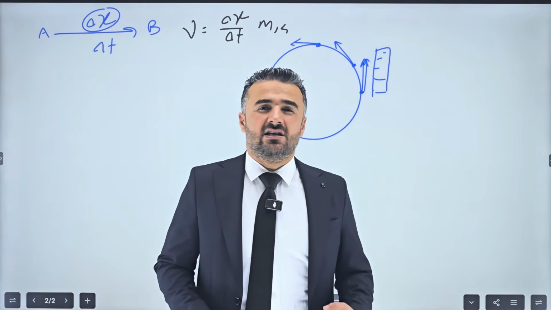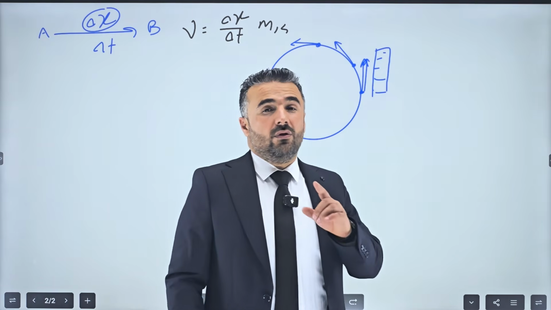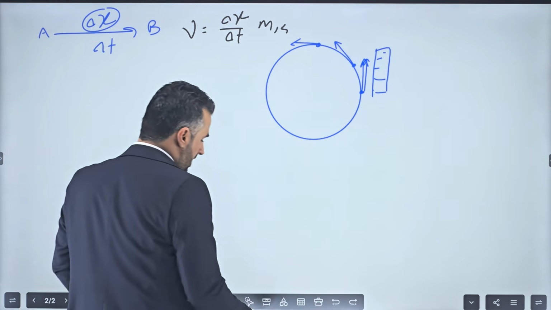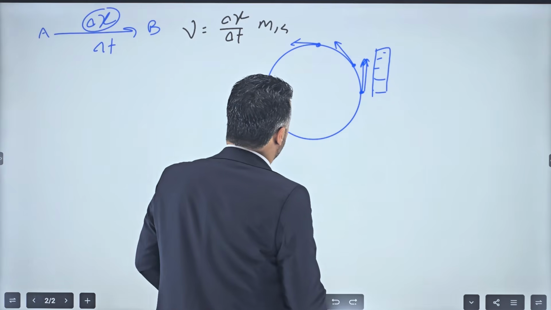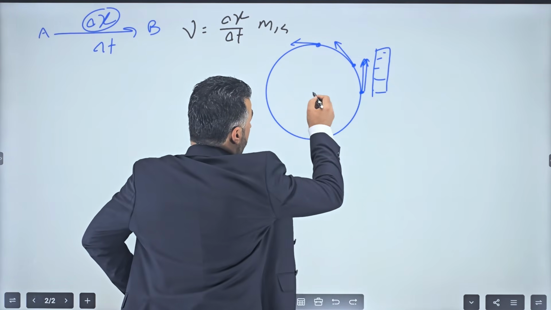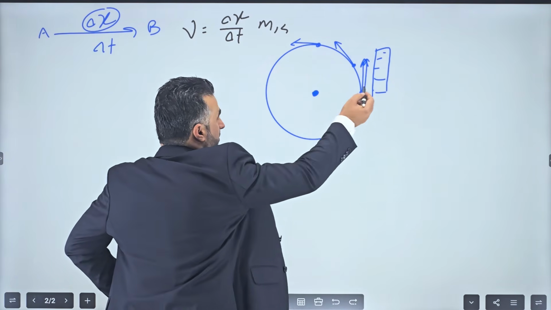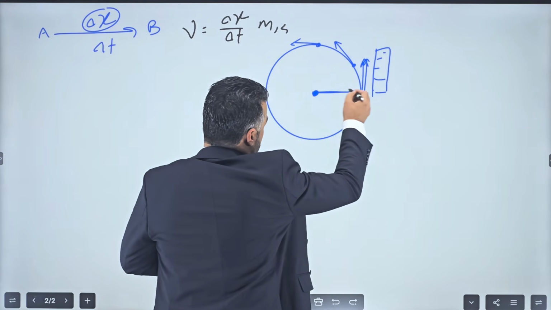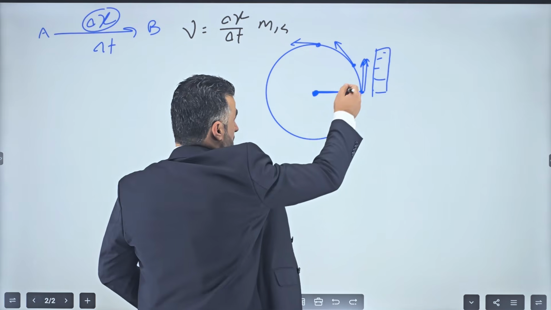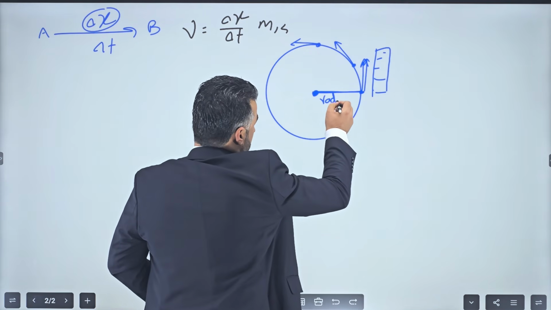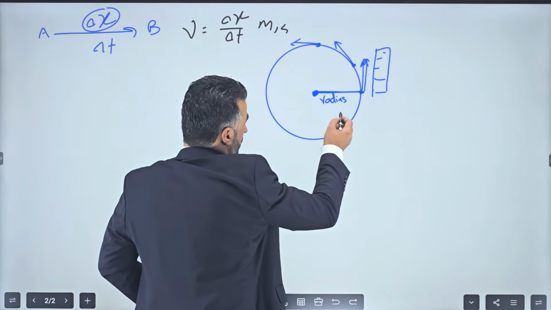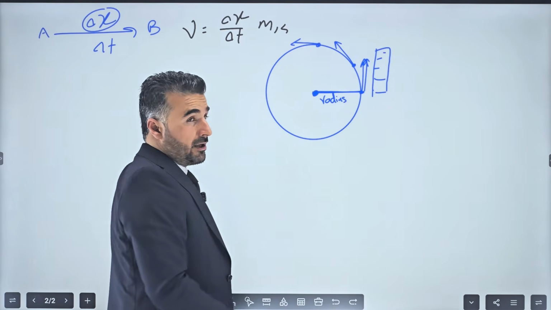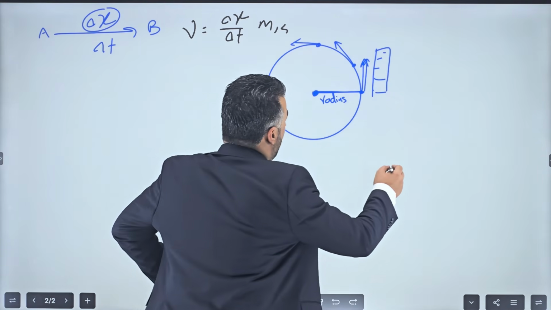So what do we do instead? We measure the angle that is covered by the object. And how do we do that? If this is the center of the circle, or the axis of rotation, we know that the distance from the center to the edge of a circle is called the radius, and we'll use the letter R to represent it.